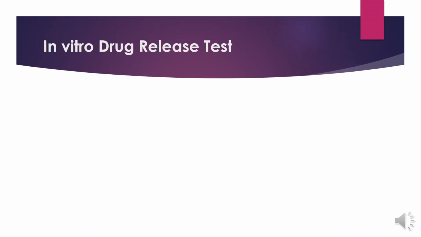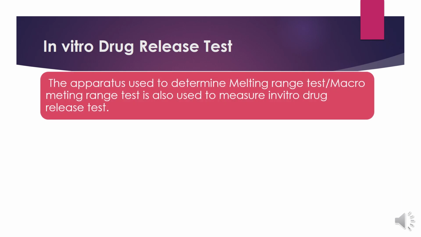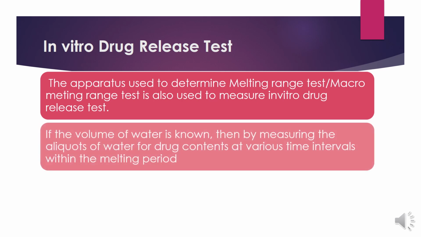As we have discussed, the apparatus used to determine the melting range test or macro melting range test is also used to measure the in vitro drug release pattern. The same method is applied: if the volume of water is known, then we measure aliquots of water for drug content at various time intervals within the melting period.